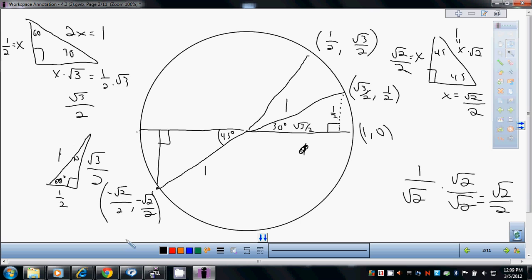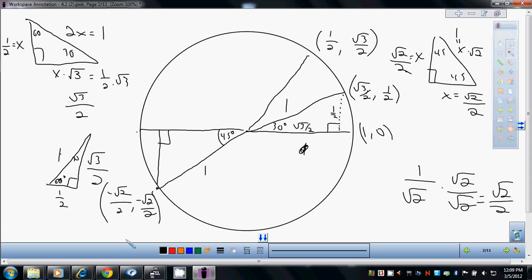Radical 3 over 2. What is secant pi over 6? 2 over radical 3, which you'd have to rationalize. But as far as just finding it, that's all you have to do. Go to it, flip it. Secant is the flip of cosine. Cosecant is the flip of sine.